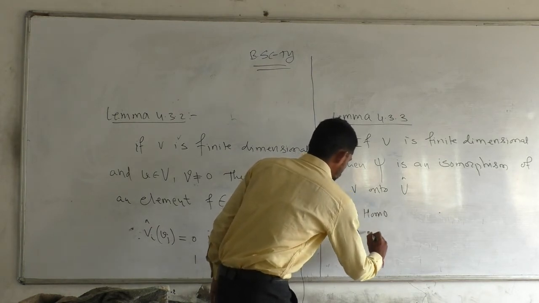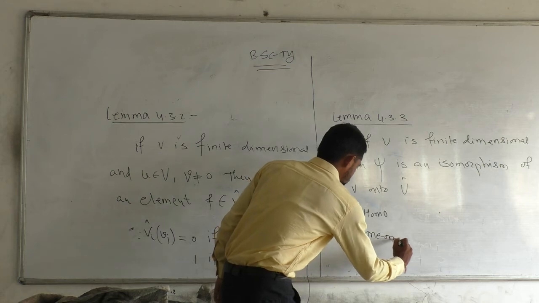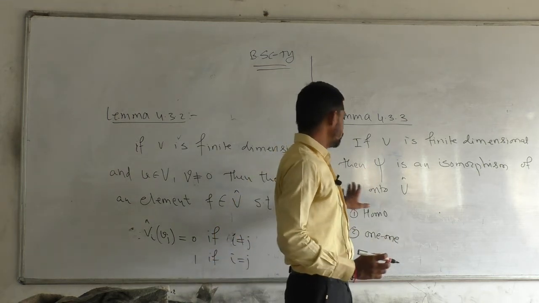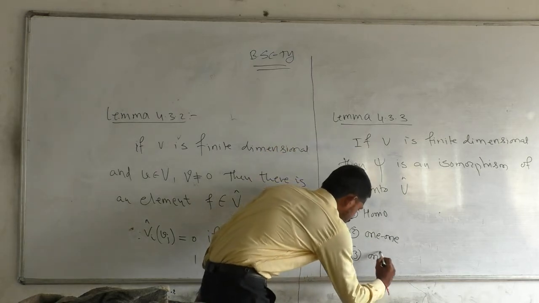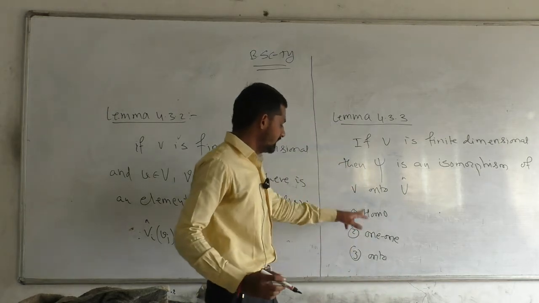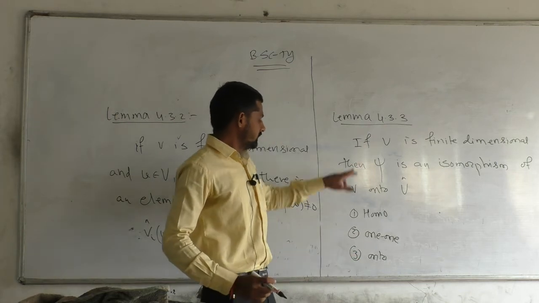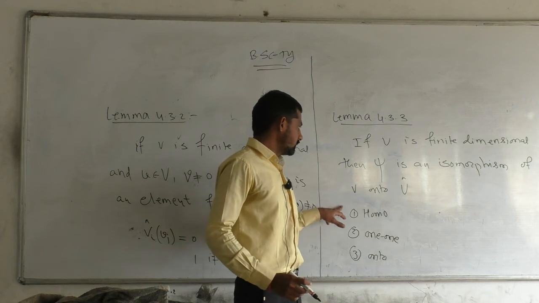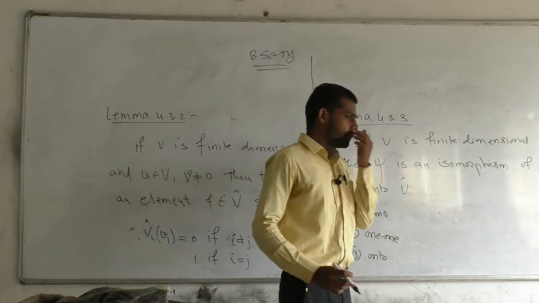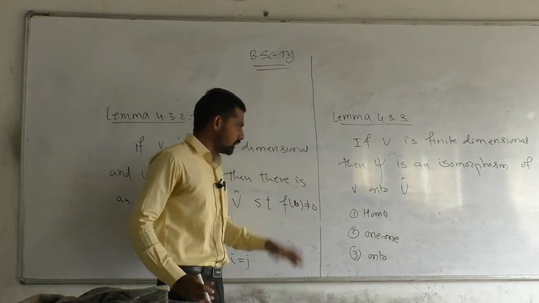Second, it is 1-1. That we have to prove, that it is also onto. Third, onto. With these three conditions satisfied, the function will be bijective. Then the vector spaces V and V dual must be isomorphic. That we have to prove.